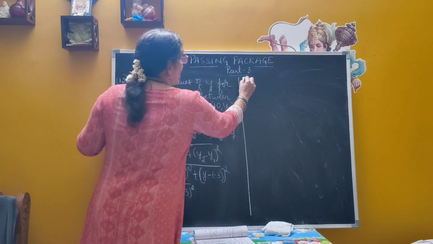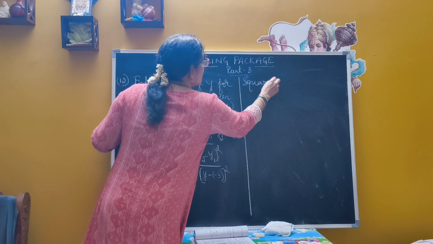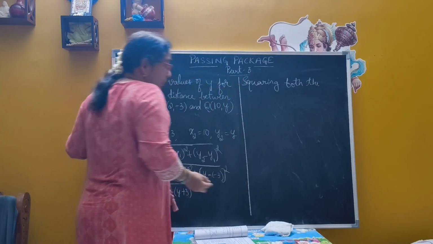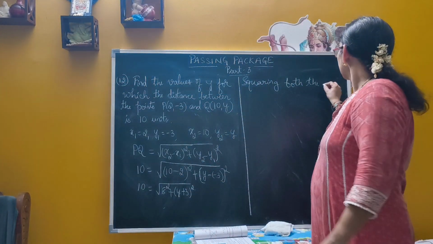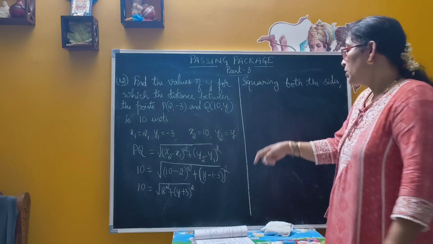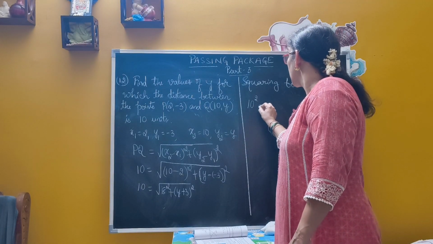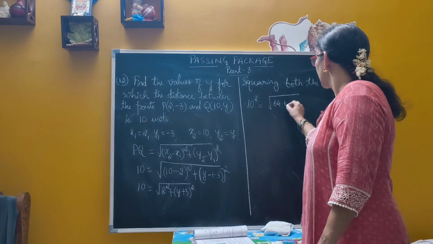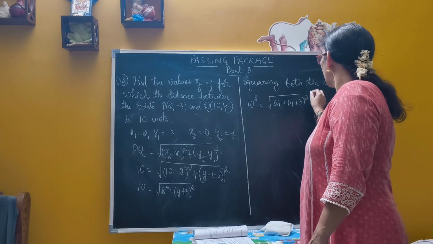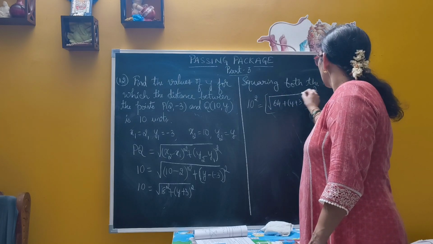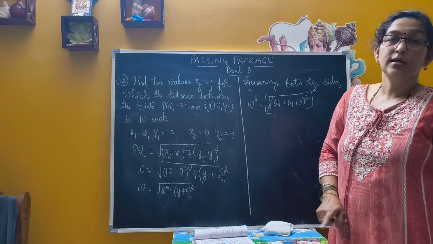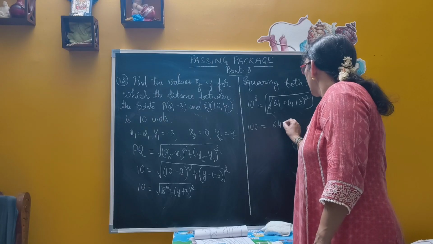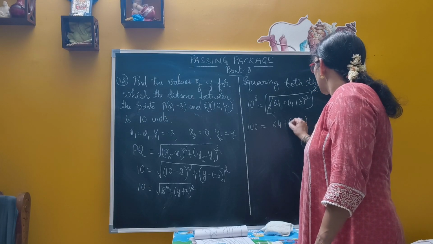So squaring both the sides, we get 10 square is equal to the square of the square root of 8 square plus (y + 3) whole square, which is 64 plus (y + 3) whole square. So here the square root sign gets cancelled. So 10 square, how much? 100. 100 is equal to 64 plus (y + 3) whole square.